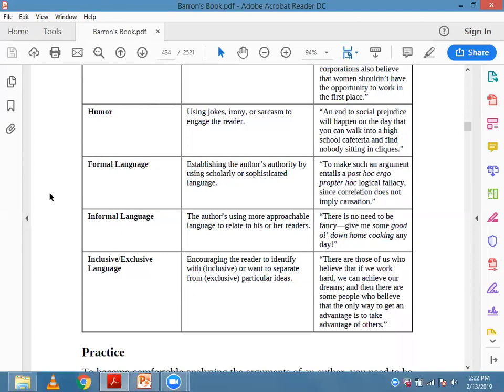For example, if I say, there are two types of people, one who like to keep their room clean and live in a clean environment, and others who like to live like animals. Over here, I am giving two categories of people, but clearly I want my readers to associate with one category, right? So that is inclusive and exclusive language. And with that, we come to the end of our analysis skill building.